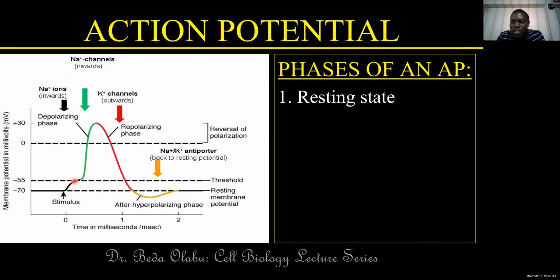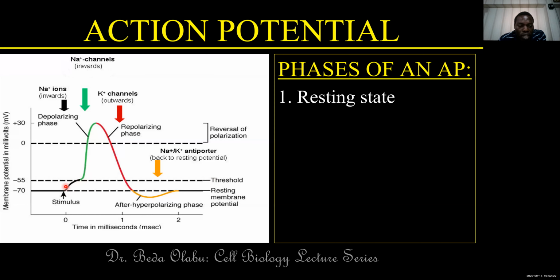Usually the threshold can be anything between 10 to 20. So 15 is a good average. If the graded potential has an amplitude that enables the membrane to be disturbed by about 15 millivolts, then that disturbance can cause opening of voltage-gated sodium channels.